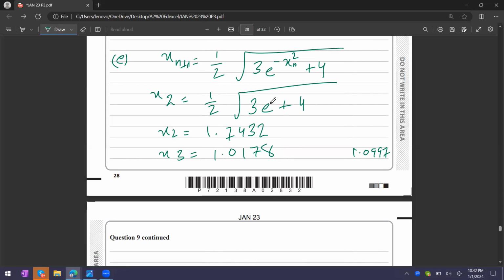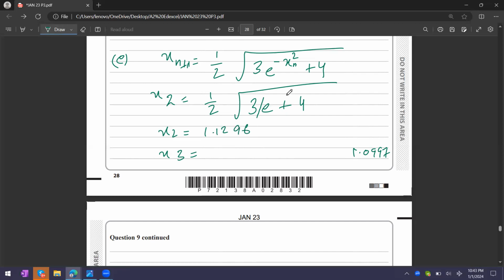Yeah, made a mistake here. This is e raised to power minus 1 when you put 1. So that will be 3 by e. You just need to put a slash here. Divide 3 by e plus 4. Let's edit them again. Okay, so x2 is 1.1296.